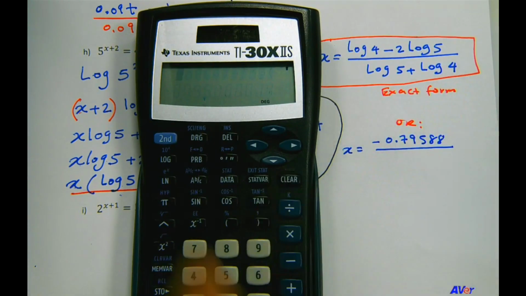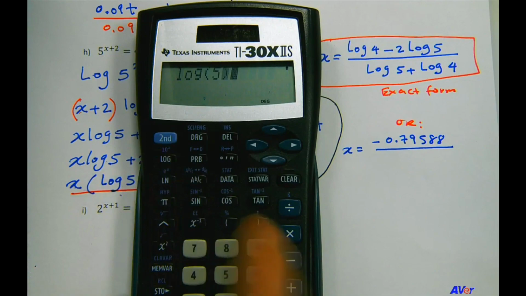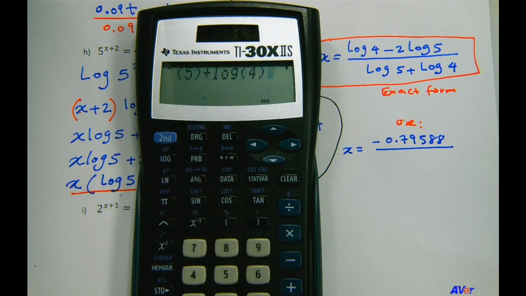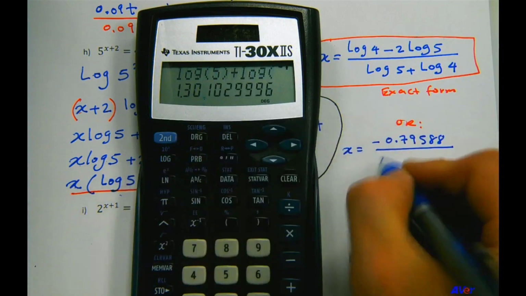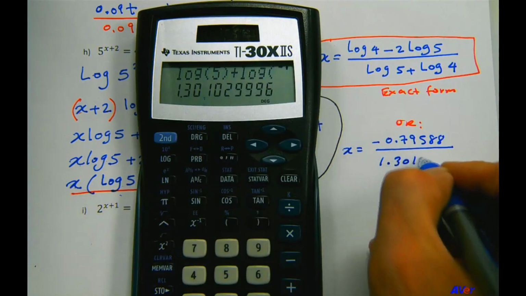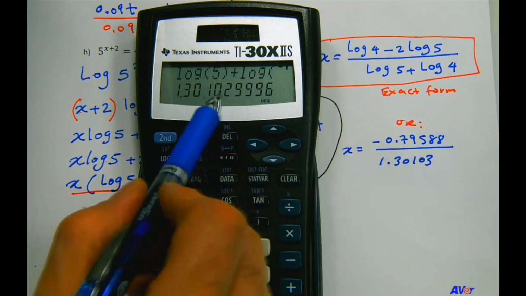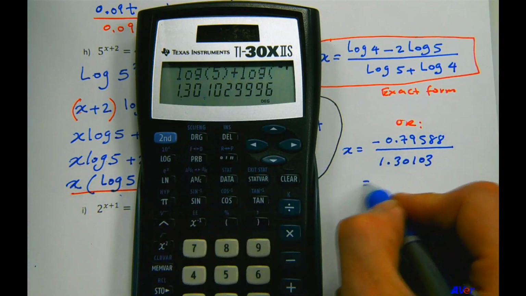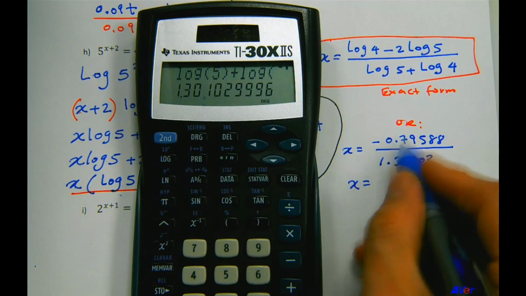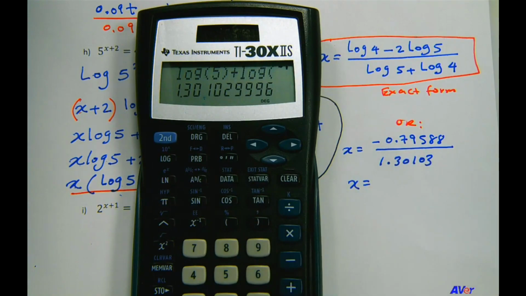So let's calculate that. Log of 5 plus log of 4. What do we have? We have 1.30103. I'm rounding that 2 to 3. And then, of course, this divided by that, we get the result, right?